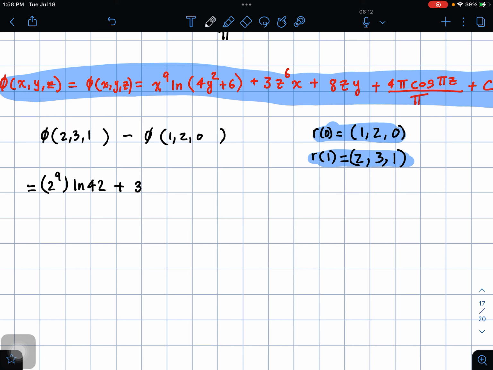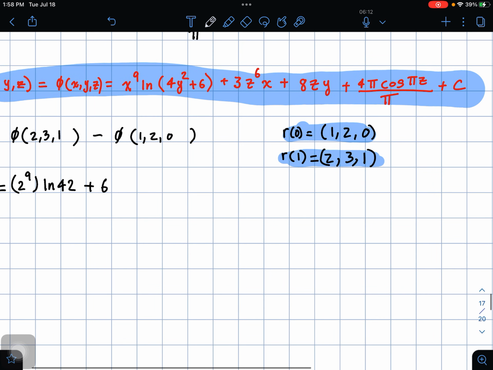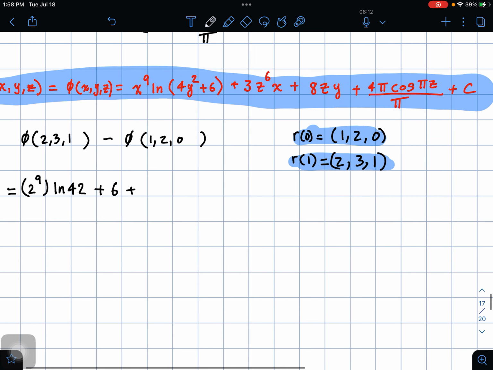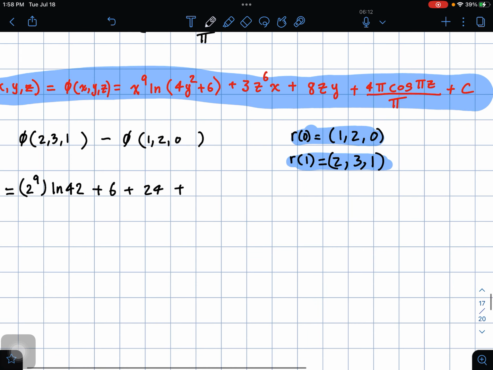Plus 3, our z value is 1, so z to the 6 is 1, so we have 3 times x, which is 2, which turns to 6. Plus 8zy, so z is 1, y is 3, so that's 8 times 3, which is 24. And then our final thing is 4 pi, that annoying thing. z is 1, and it turns to cos pi. Cos of pi is negative 1.